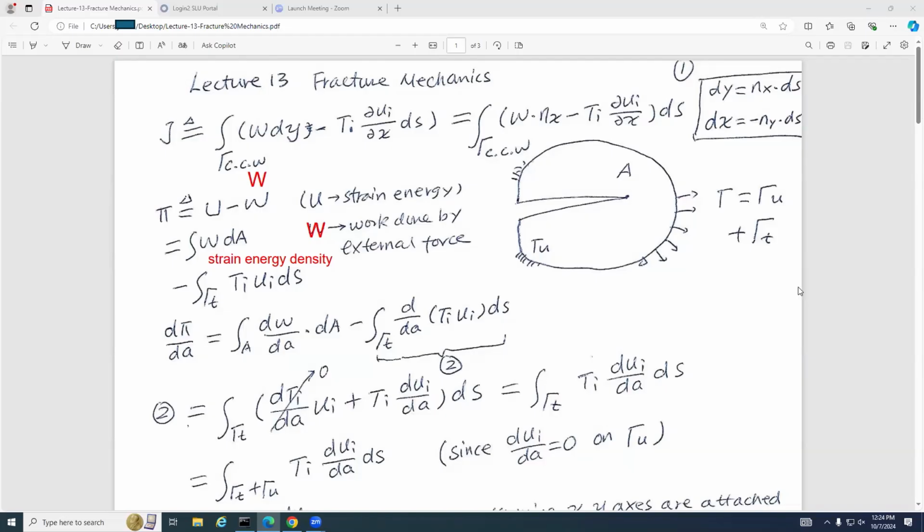After we get this potential energy, we take the derivative with respect to A. As I said last time, when we have derivative and integration, the order does not change.